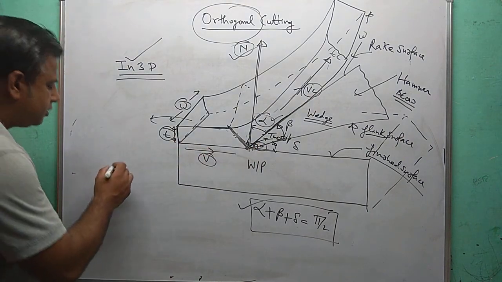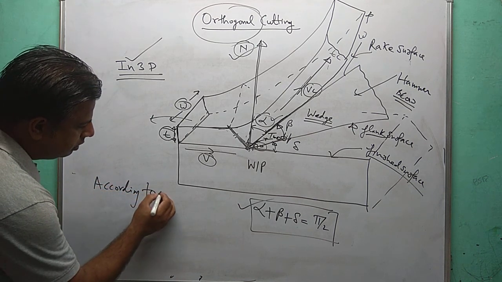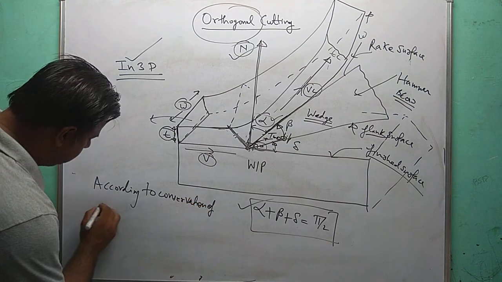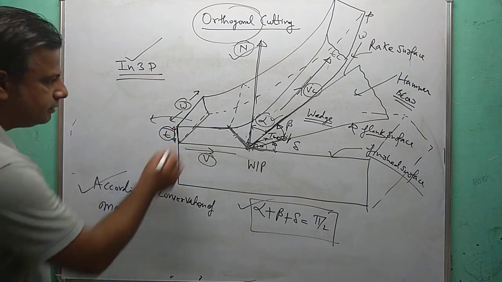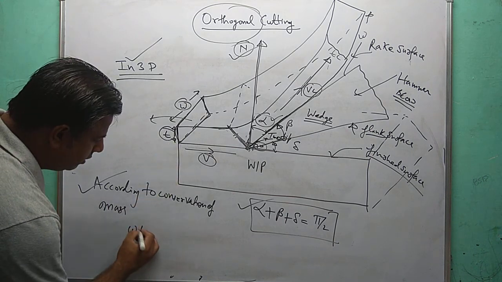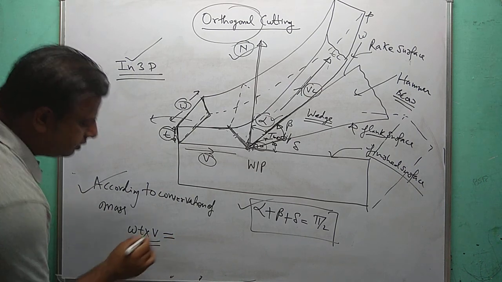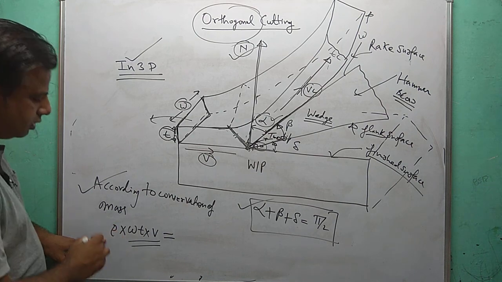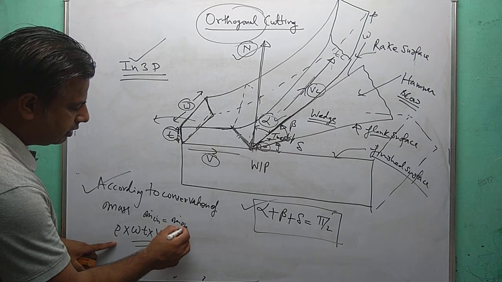According to the conservation of mass, you can write like this: the cross-sectional area of the uncut layer W into T, into the cutting velocity V, is equal to the volume into density. Conservation of mass means mass flow rate in is equal to mass flow rate out.